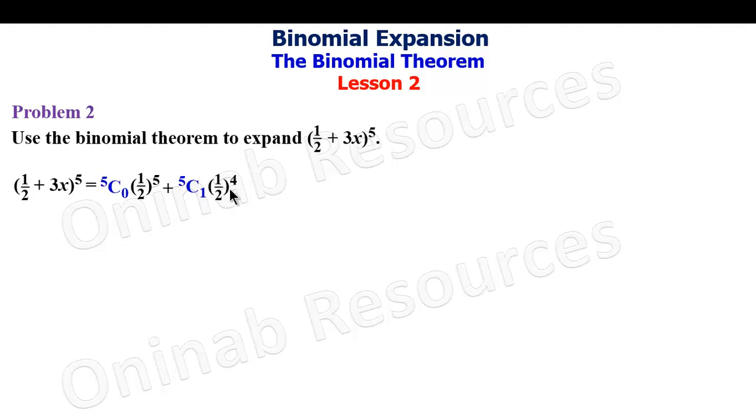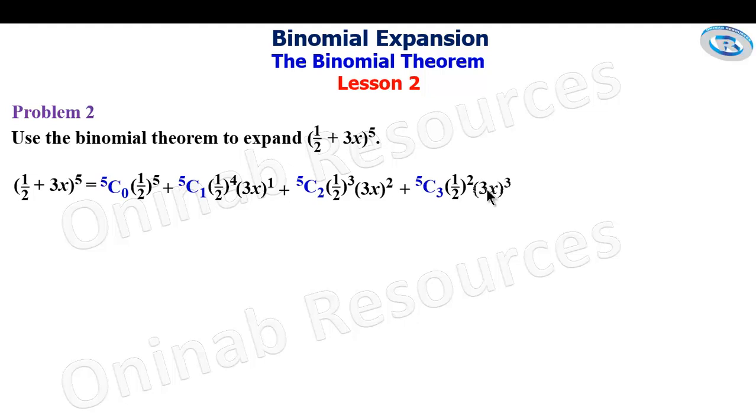That's going to be half raised to power 4. Then the 3x raised to power 1 will come in because of the subscript, plus 5 combination 2 is going to be half raised to power 3. The second term will come in as 3x squared, then plus the next term 5 combination 3 half raised to power 2.